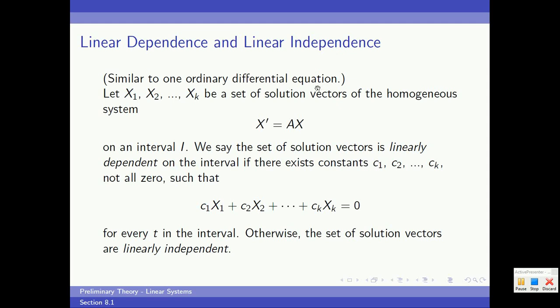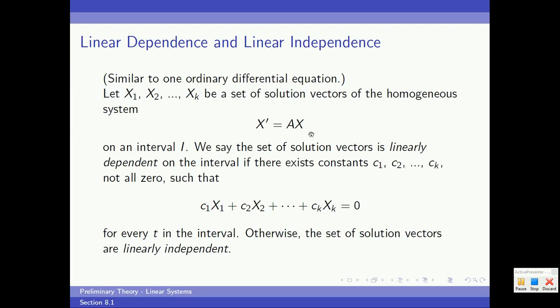So remember how we found our solutions previously for the one equation case. If we had a second order equation, then we needed two linearly independent solutions. That's the exact same way we have here. We need linearly independent solutions on our interval, and in this case we need as many linearly independent solutions as variables.